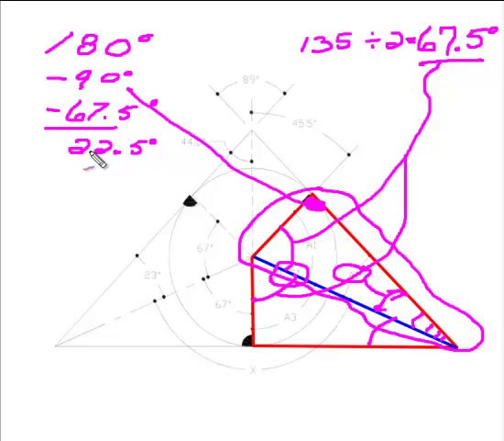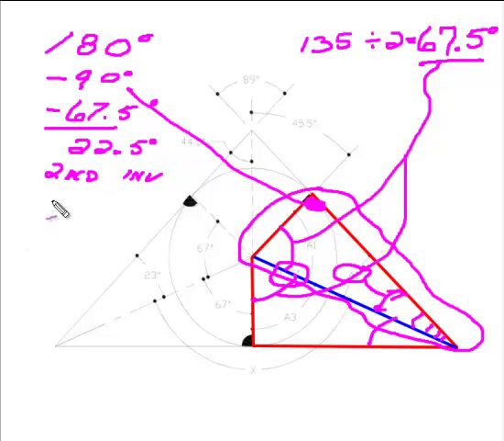Again, that is not 22 degrees, 50 minutes. That is 22.5. Do you want to get degrees, minutes, and seconds? Then just hit your second key on your calculator. If you don't have a second key, you probably have an invert key, INV key.